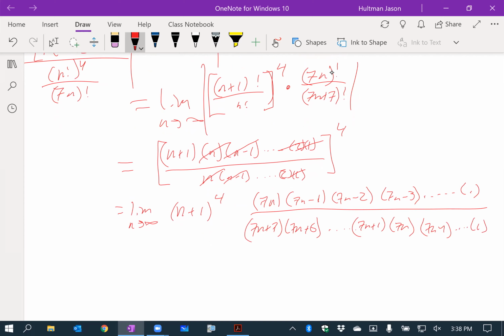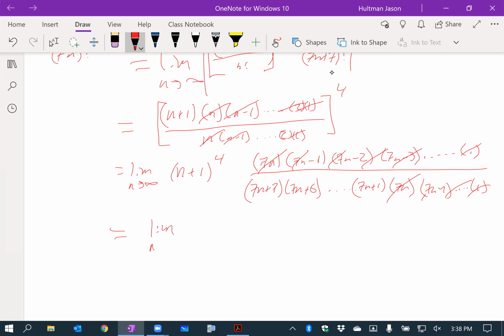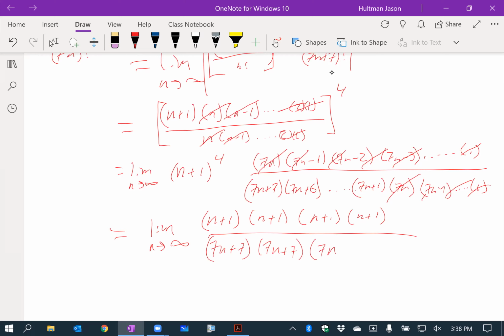So what's going to cancel out here is everything on the top. That leaves me, so I'm going to rewrite this as the limit as n goes to infinity of n plus 1 times n plus 1 times n plus 1 times n plus 1, all over 7n plus 7 times 7n plus 6, 7n plus 5, 7n plus 4, 7n plus 3, 7n plus 2, all the way to 7n plus 1.